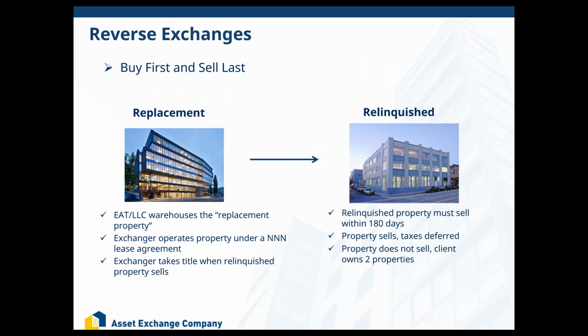Now, from when we purchase the replacement property, you must be able to sell your relinquished property within 180 days, all right? So there's the 180 days coming back into play, okay? It never leaves. It's always going to be there in some form or fashion, okay? You must be able to sell your relinquished property within 180 days.